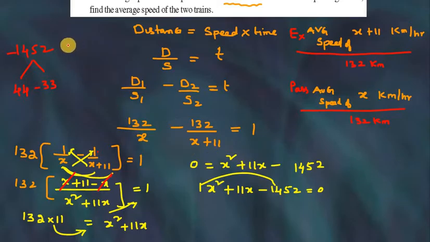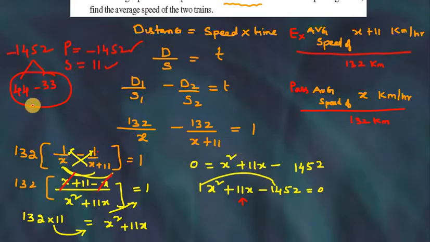And what are the rules for getting the pair of factors? The product should be minus 1452 and the sum should be 11. Here the middle term is 11, the x coefficient is 11. So I hope this will fit perfectly. 44 minus 33 is 11, and 44 into minus 33 is minus 1452.